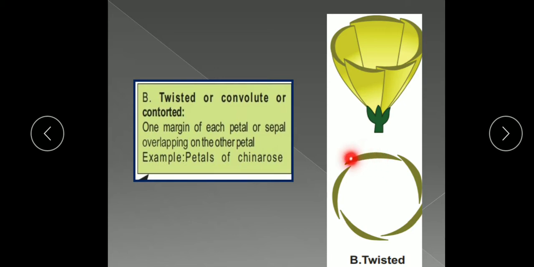In a cross section, they appear just like curved spokes in a wheel. So this arrangement is known as the twisted arrangement. Examples are hibiscus, China rose, that is, and Gossypium. These are the twisted or contorted type of arrangements in the sepals and petals.